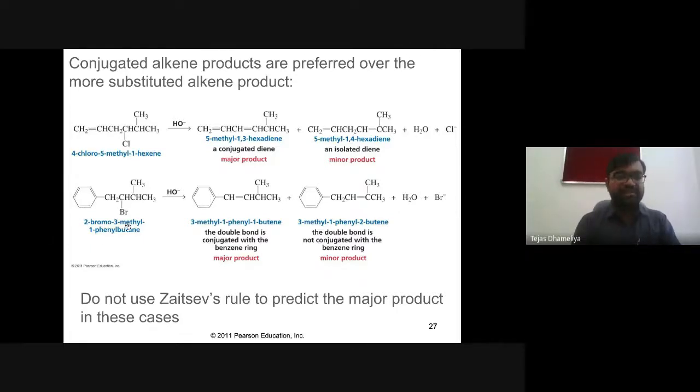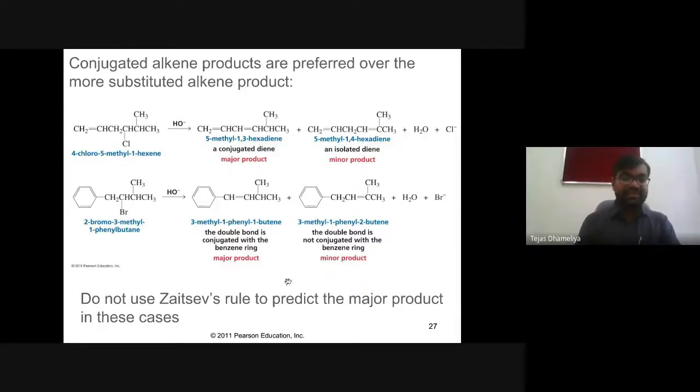Here we have another product, 2-bromo-3-methyl-1-phenyl butane. If we remove with OH minus, a hydrogen from between these two can leave and one product can form. From here another hydrogen can leave and form the other product. In both cases, if we see, the benzene ring here is conjugated. That's why this is a major product, and this is a minor product.